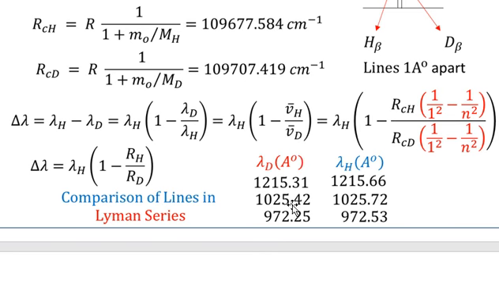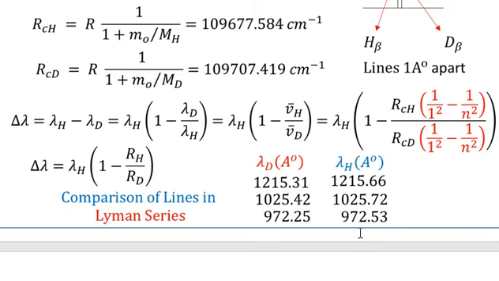The second Lyman series experimental data gives you 1025.42 angstrom, and the same line for the hydrogen atom gives you 1025.72 angstrom. The third line of the Lyman series obtained experimentally gives 972.25 angstrom for the deuterium atom, and 972.53 angstrom for the hydrogen atom.